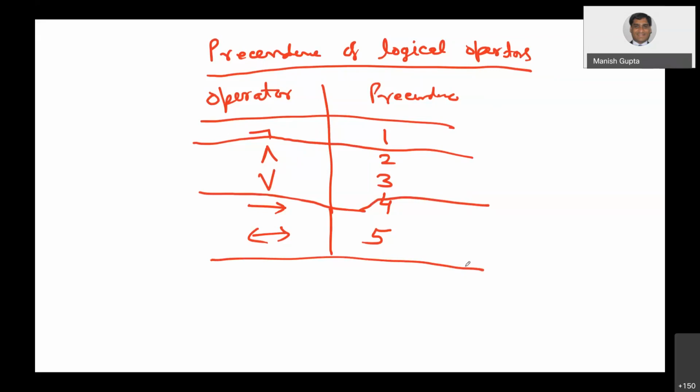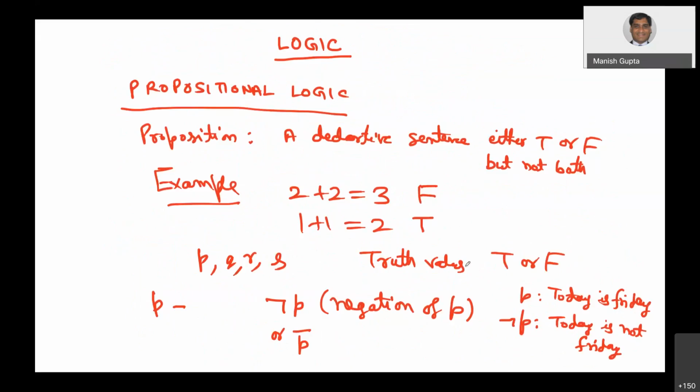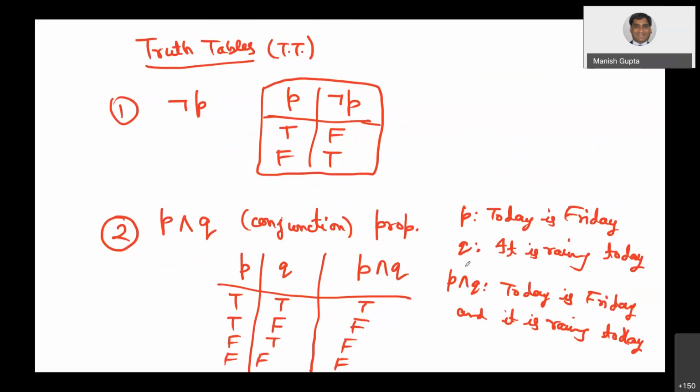Now I'm just going to tell you what we have done till now. I gave you the definition of a proposition, gave you some examples. I talked about negation of P and the truth table.